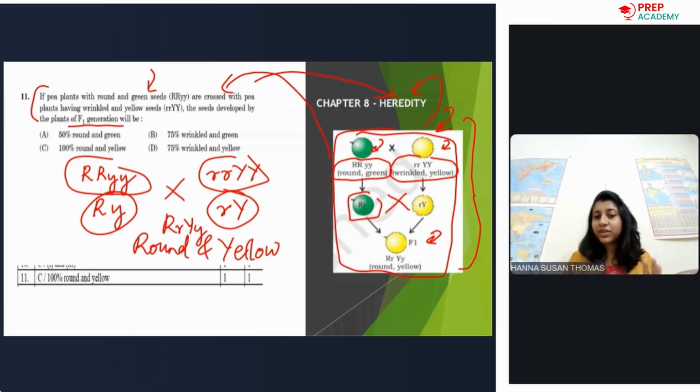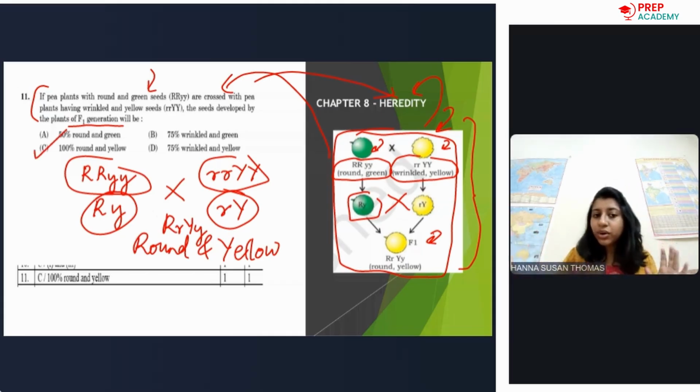Since both parents have dominant traits for different characteristics, one shape and one color, when crossed together the first generation obtained will have both dominant traits together. All F1 generation will express these dominant traits. So our answer will be 100% round and yellow.